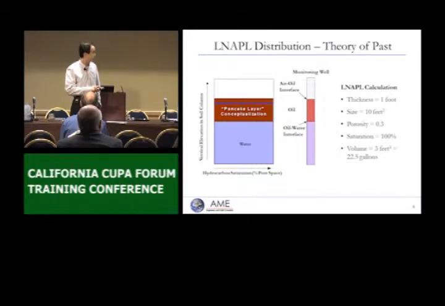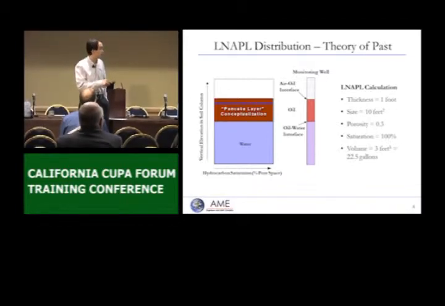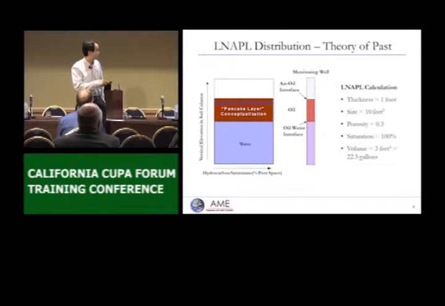The old theory tells you that your product is going to be in the soil column immediately surrounding this well at the same depth interval. Basically, it says there's no product above this air-oil interface in the soil, and there's no product below the oil-water interface here.